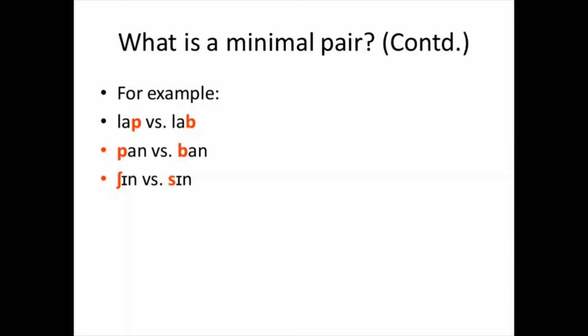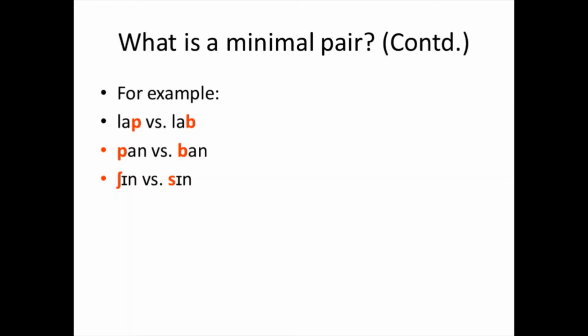So for instance, let's take the first example, lap versus lab. They are the same, they differ in the last consonant. Whereas the first one is a voiceless plosive, the last one is a voiced plosive. Now in the second example, the difference occurs in the initial consonant, p and b.